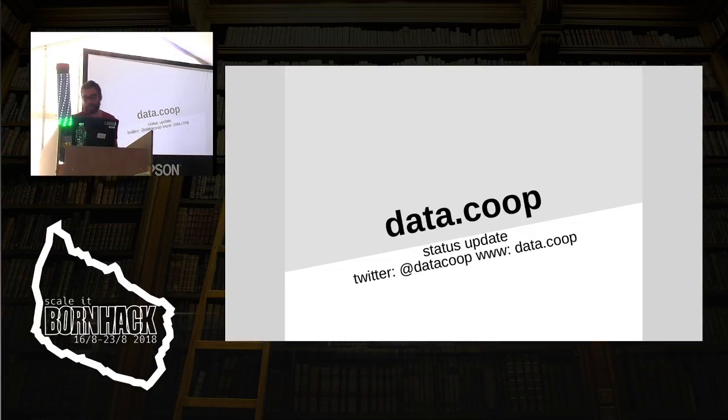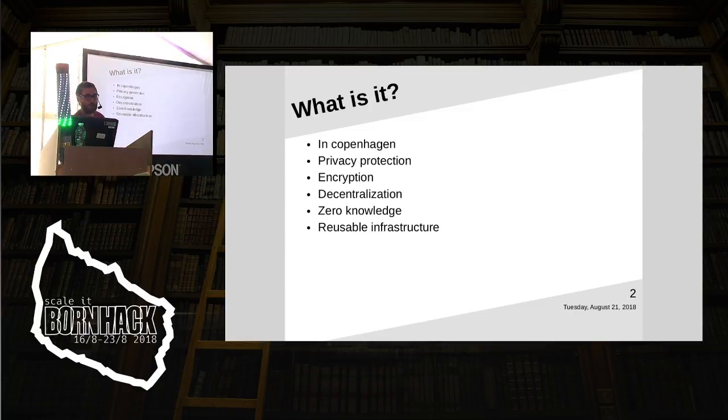So let me start by introducing what Data Co-op is. We're a society in Copenhagen, or a cooperative, who wants to run our own infrastructure to store the data belonging to the members of the cooperative. And we have some ideals for that.